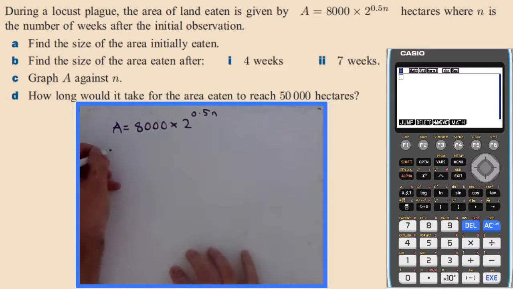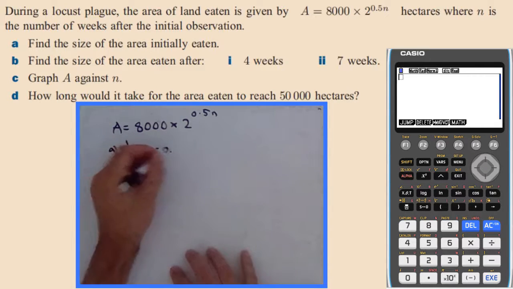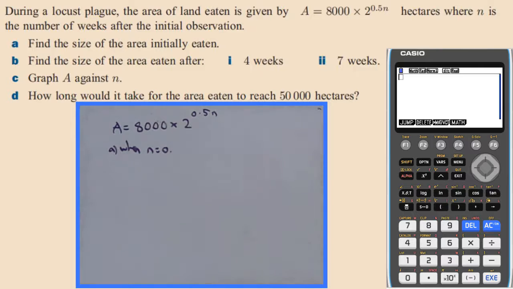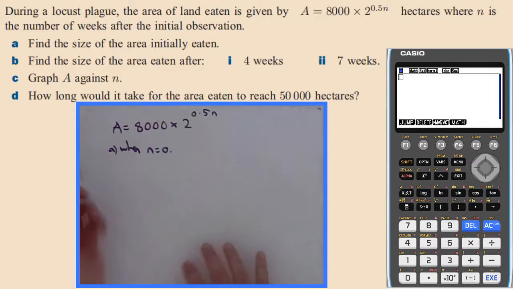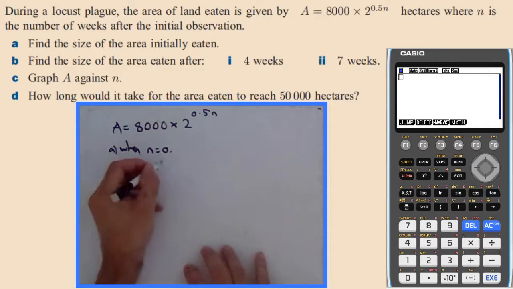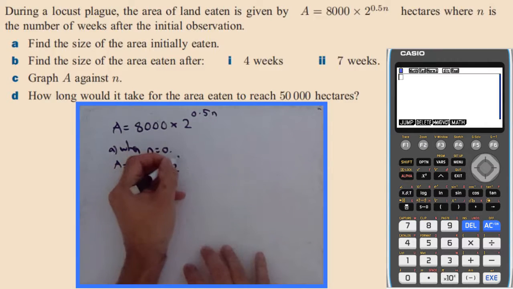So part A, basically you're using n equals 0. So often you'll be asked for initial conditions for these sort of exponential modelling type questions, and it just means when t equals 0, when n equals 0. So I just literally need to substitute 0 into there. So A equals 8,000 times 2 to the 0.5 times 0.